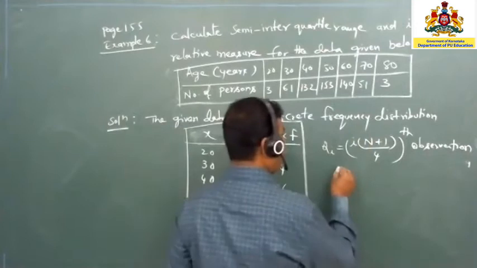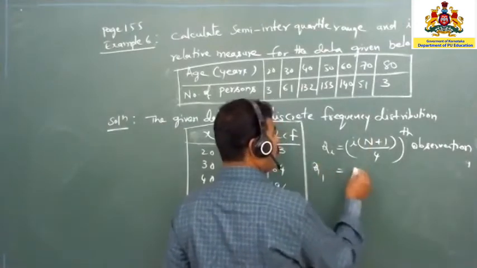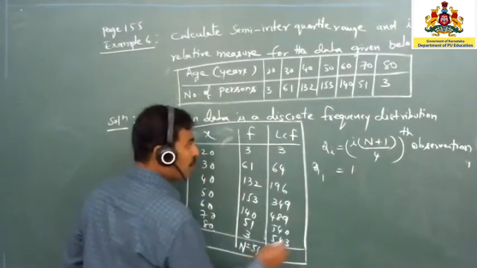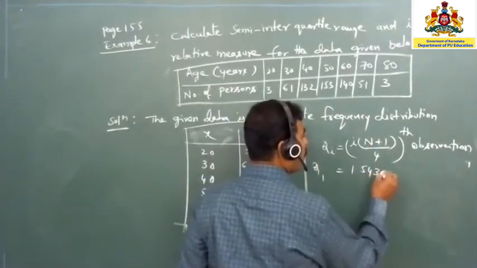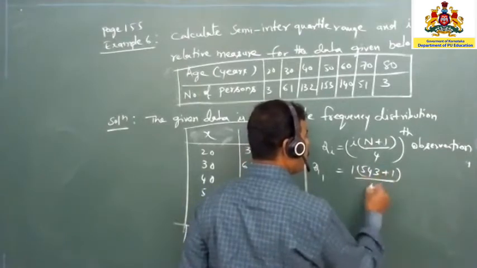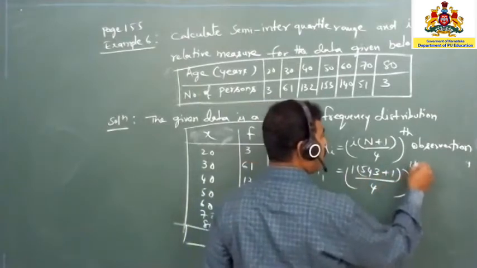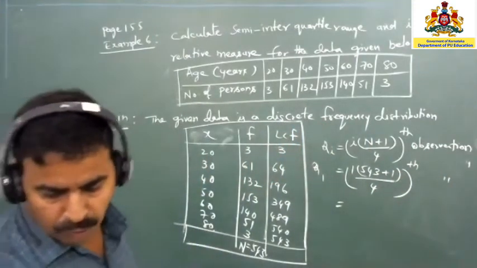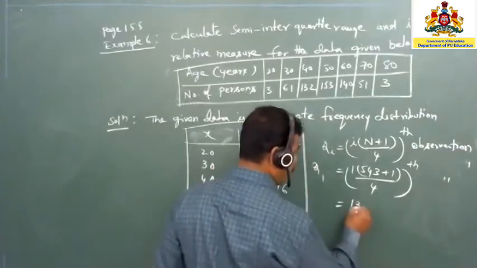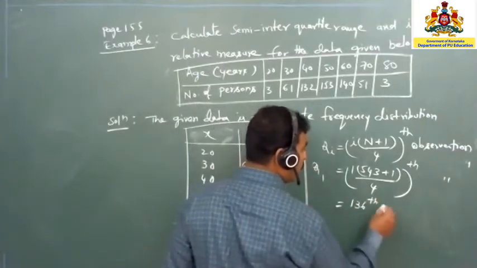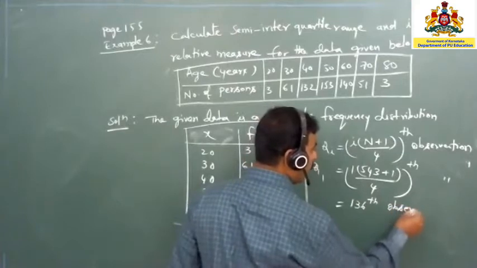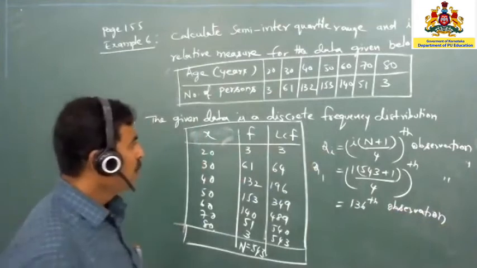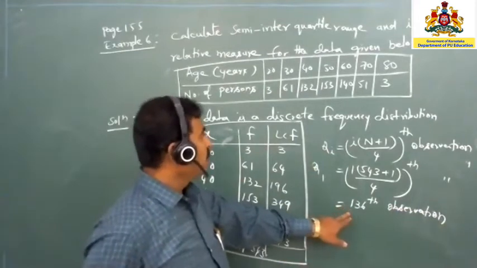So for Q1, 1 into capital N is 543, 543 plus 1 by 4th observation in the series. That is the 136th observation.